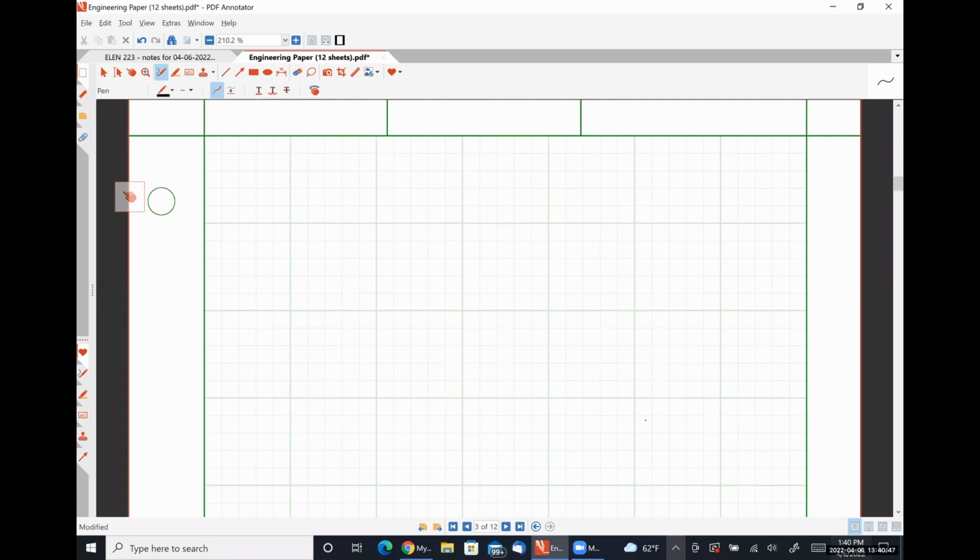Beta is defined as the ratio of IC over IB.